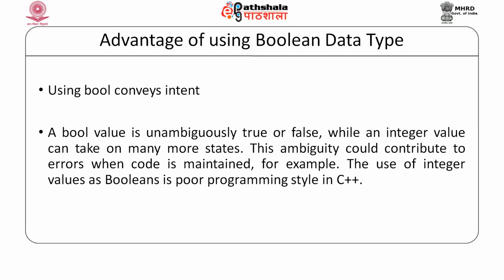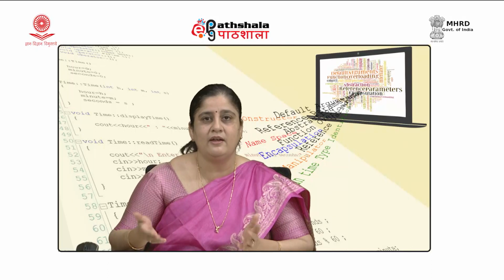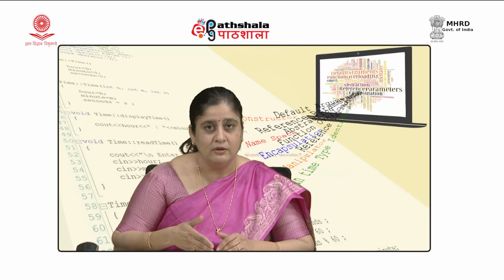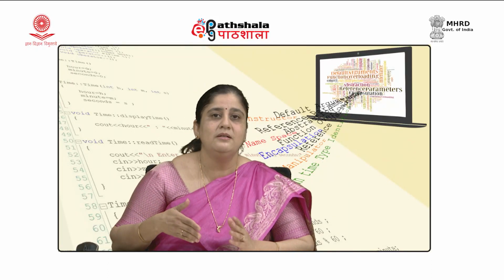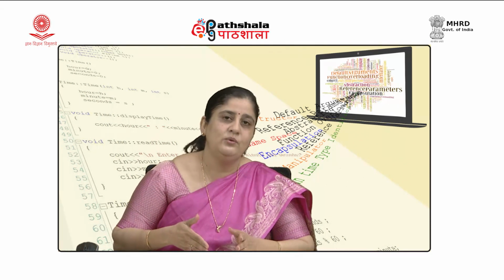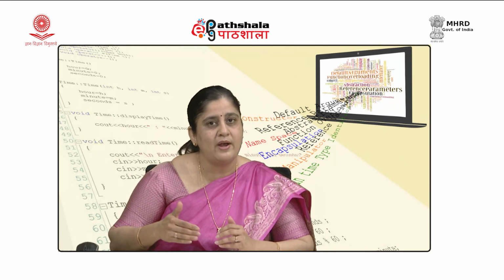Also, a bool variable is unambiguously true or false, while an integer can store any value. In this case, the variable found can be assigned a value 0, 1, 2, 4, 9, 10, anything if I declare found as an integer. But if I am declaring this as a bool, the only possible values that can be stored in the variable are true and false.